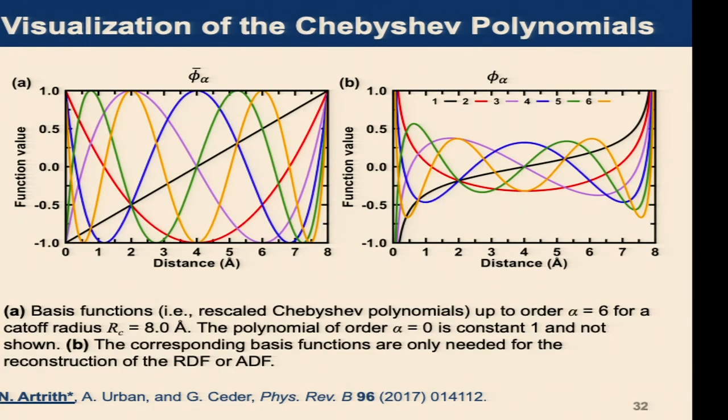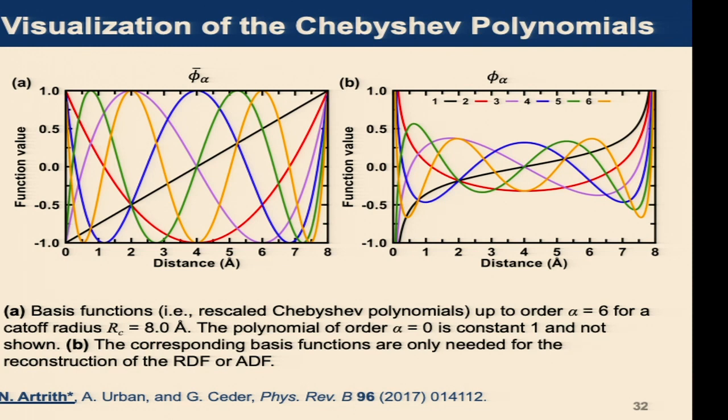This is just a visualization of the Chebyshev polynomial. Behler-Parrinello previously used a Gaussian curve, if you remember, but in our case, to describe the structures, we use the Chebyshev polynomial. In figure A, this shows the basis functions up to the 6th order. For example, the black one is the 1st order, and the red one is the 2nd order.